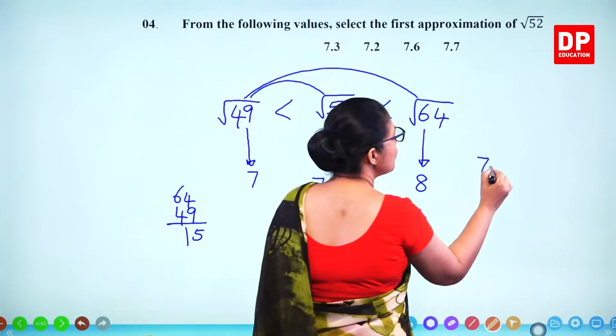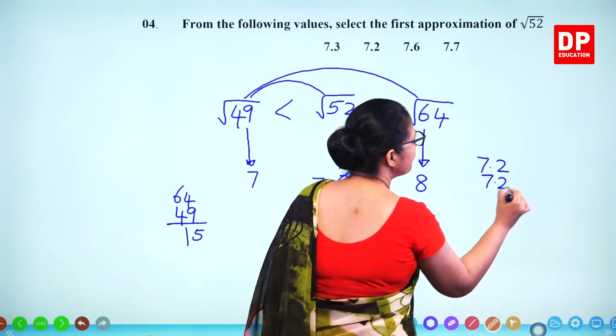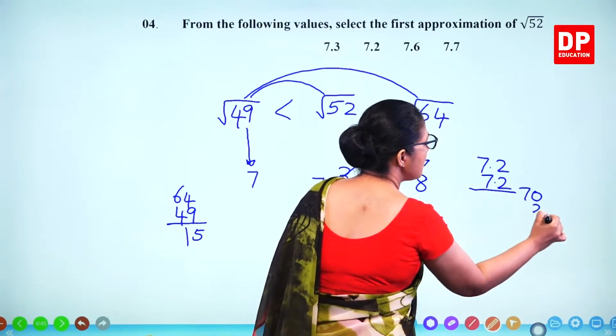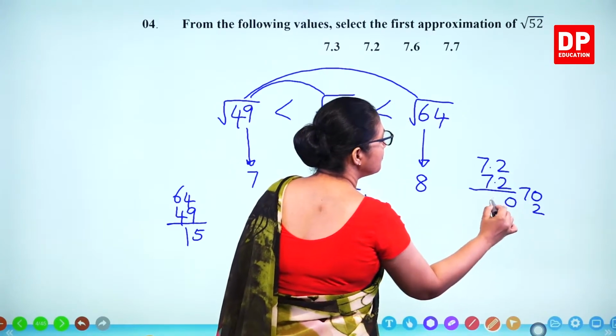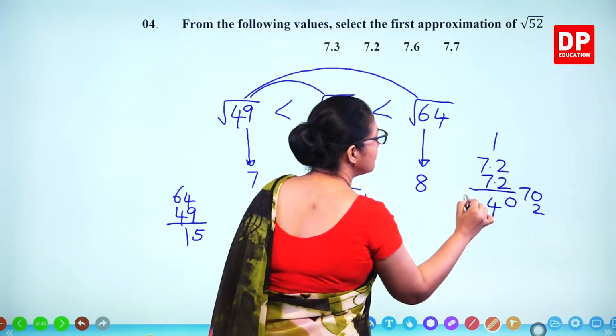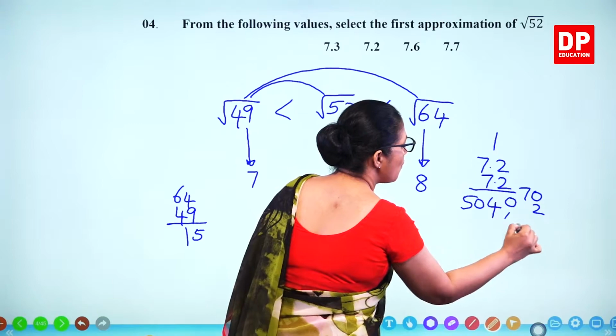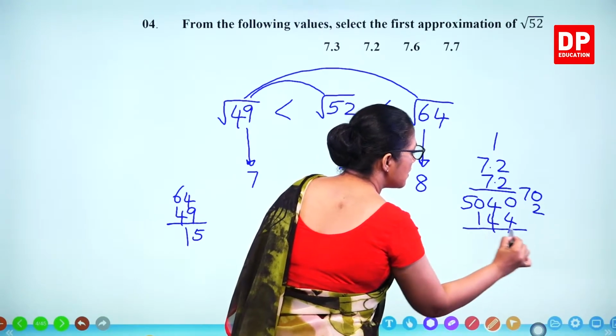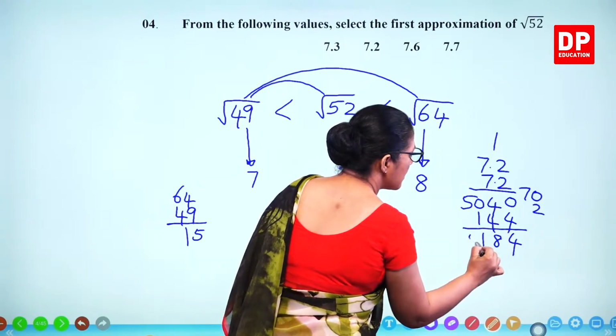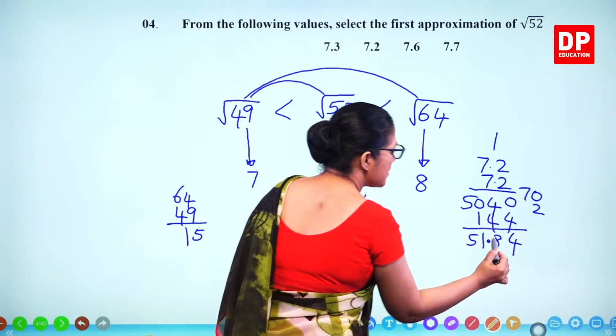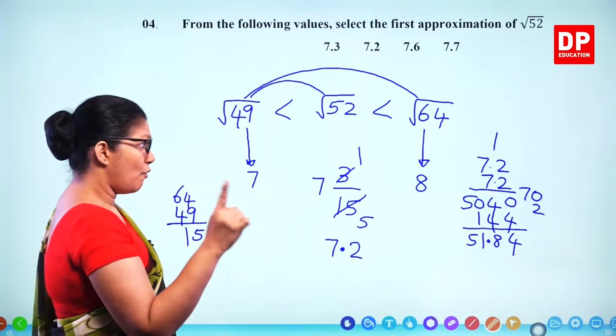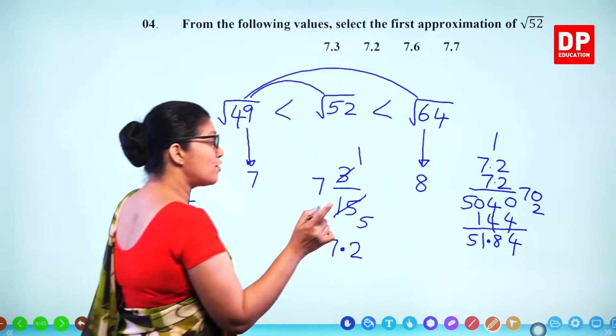So 7.2 into 7.2. You get 2 decimal places, 51.84. What about 7.3 into 7.3?